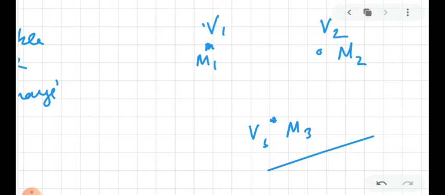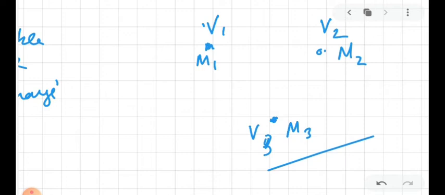They do not interact mutually. In that case, v1, v2, v3 are fixed values. If you wanted to keep a unit charge over here, the energy required was v1. A unit charge at this point, it was v2, and to place a unit charge at the point m3, the energy was v3. So these are the energies required for single unit charges.